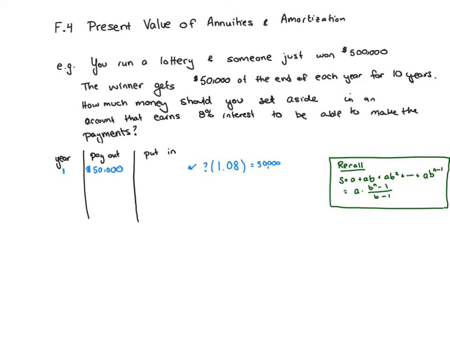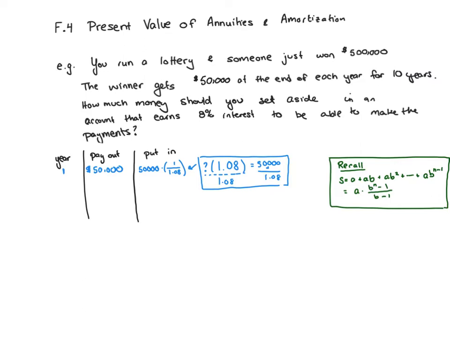So I can divide by that 1.08 and get the amount that I need to put in is 50,000 times 1 over 1.08. I just divided both sides by 1.08. Dividing by 1.08 is the same as multiplying by 1 over 1.08.